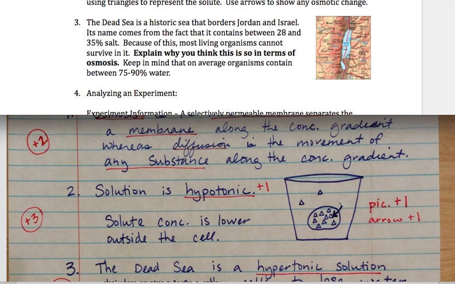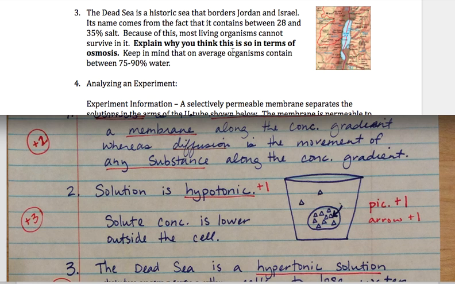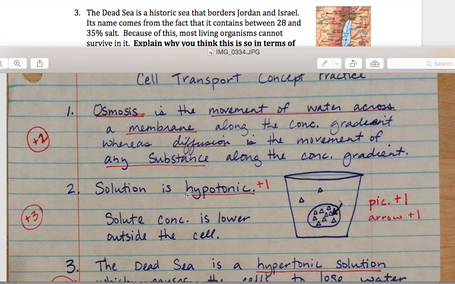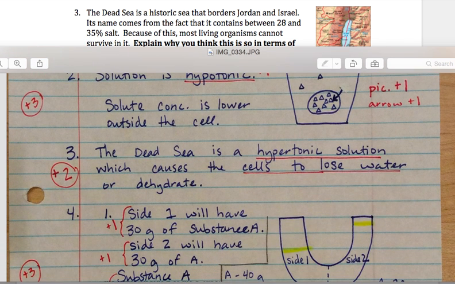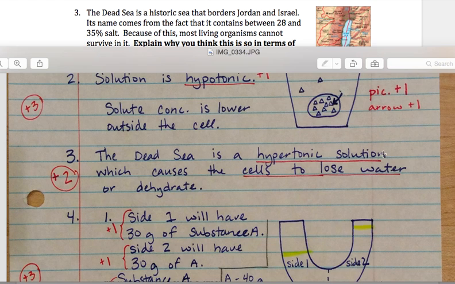Okay, so number 3 is about the Dead Sea. So explain why you think nothing really can live in there in terms of osmosis. Appreciate you bearing with me here. So the Dead Sea is a hypertonic solution which causes the cells to lose water or to dehydrate.